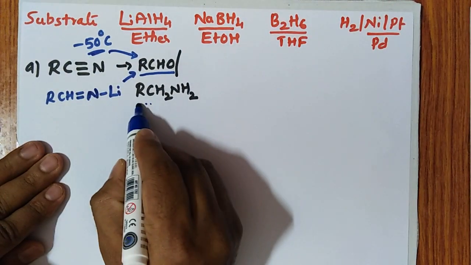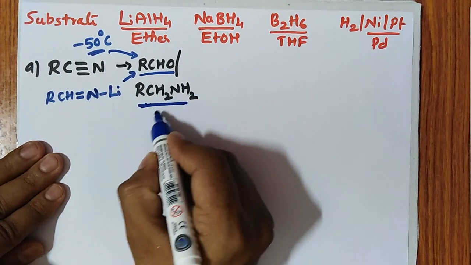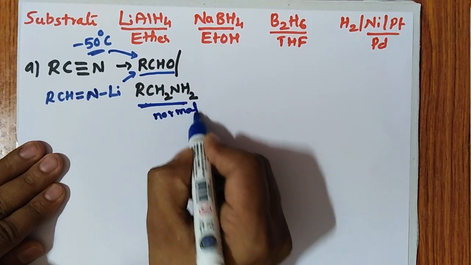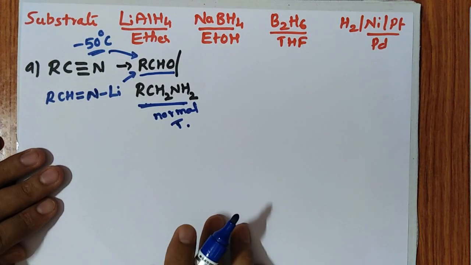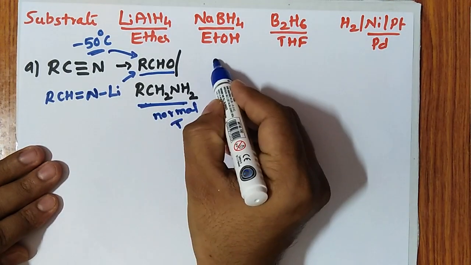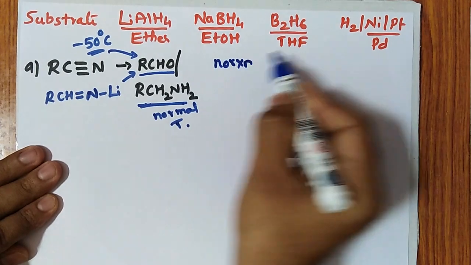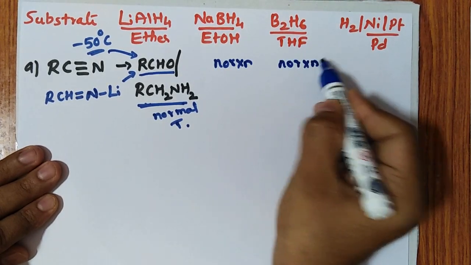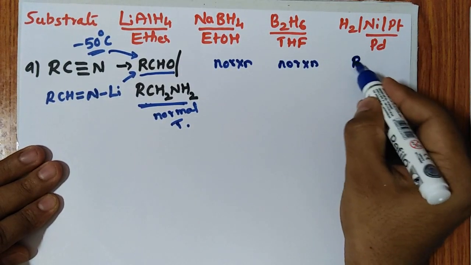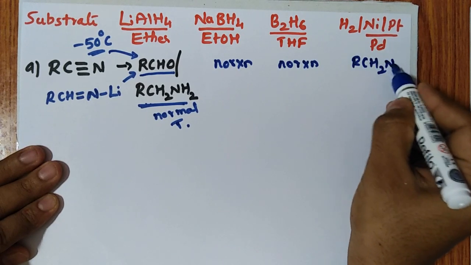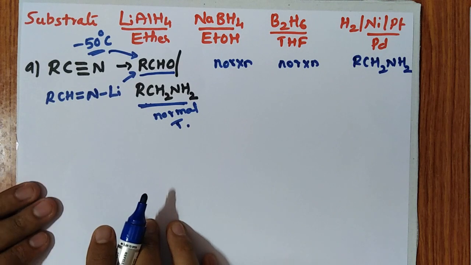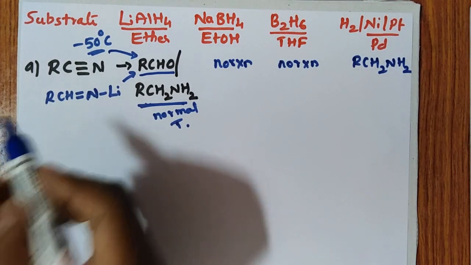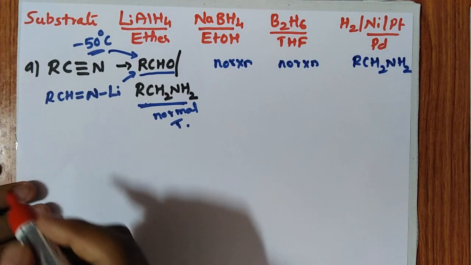When this forms only at normal temperature, you are going to get RCH2NH2. Then, very simple, here there is no reaction, here there is no reaction, and here you are going to get primary amine RCH2NH2. Fine, understood? Yes. Now next we'll move to the 10th one.